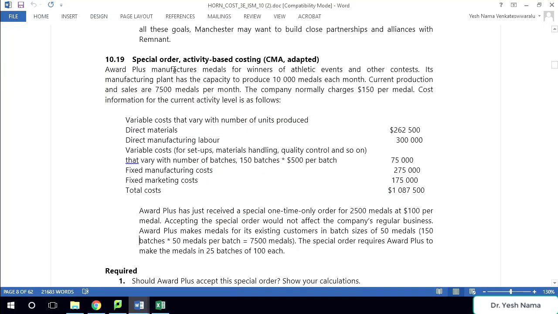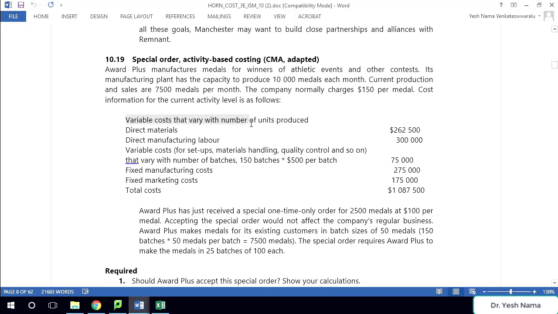Award Plus manufactures medals for winners of athletic events and other contests. Its manufacturing plant has the capacity to produce 10,000 medals each month. Current production and sales are 7,500 medals per month. The company normally charges $150 per medal. Cost information for the current activity level is as follows.